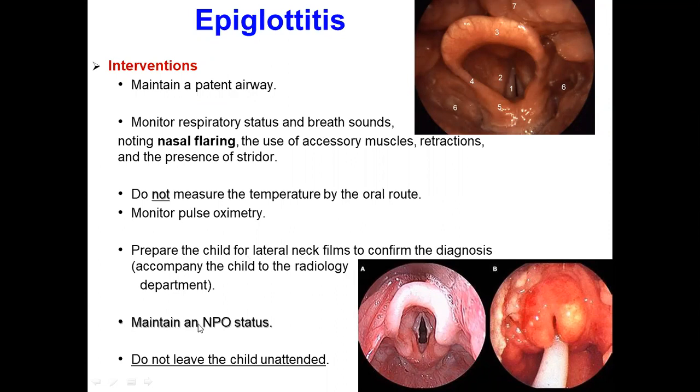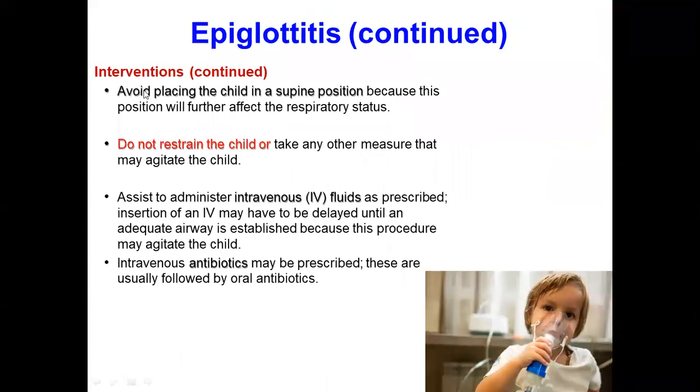Also maintain nothing by mouth status and do not leave the child unattended. So always the healthcare provider should be with the patient. Avoid placing the child in a supine position because this position will further affect the respiratory status. Do not restrain the child.